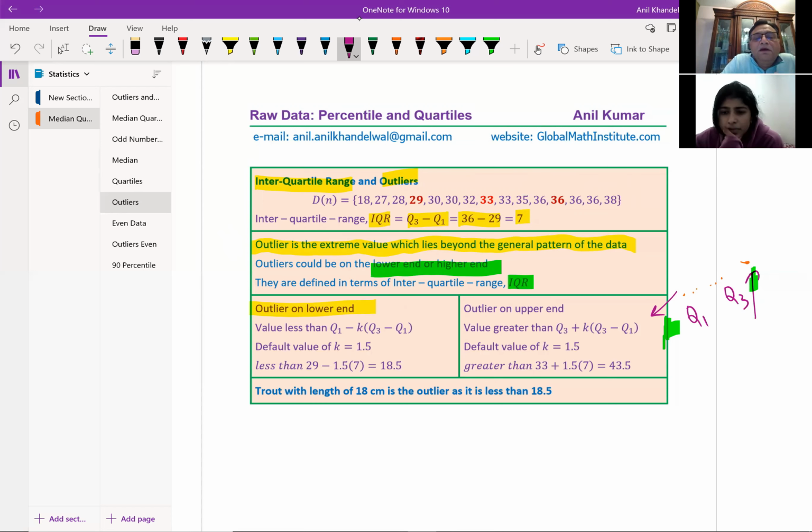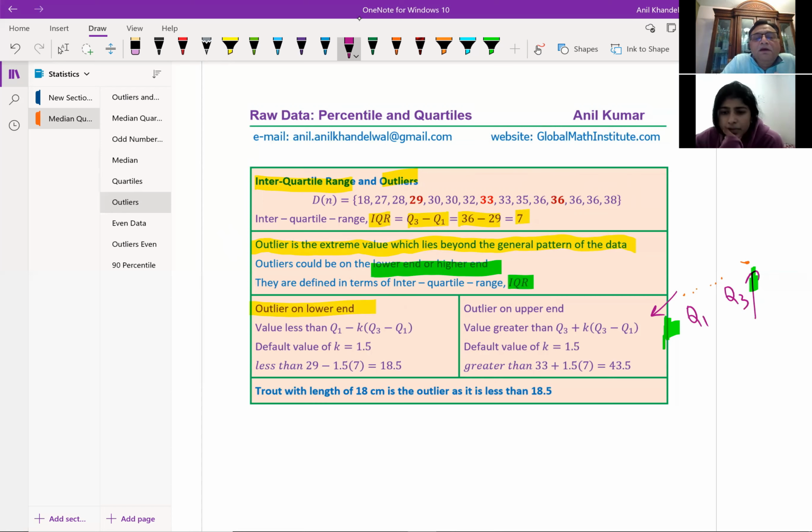Similarly, let's figure out the upper end: Q3 plus K times the interquartile range. Q3 we calculated as 36. I made a mistake here; it should have been 36.